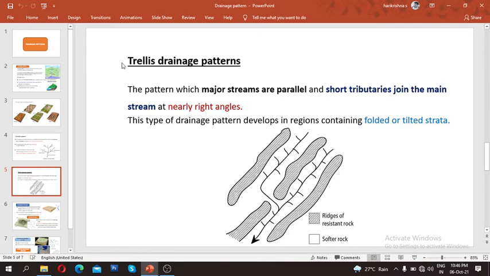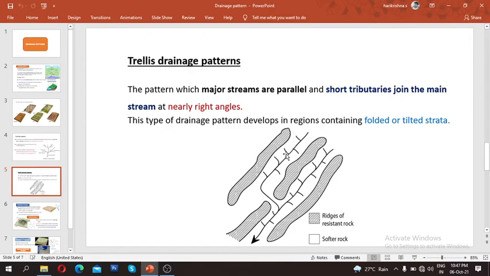Now, in this pattern the major streams are parallel and short tributaries join the main stream at nearly right angles. Here you can see there is not much branching, only small streams are present along this river. You can also see this is almost right angles.